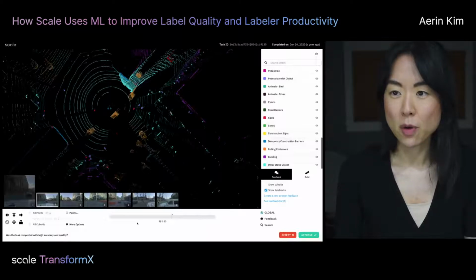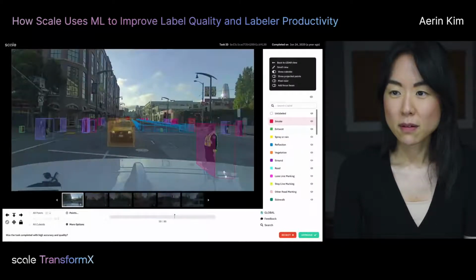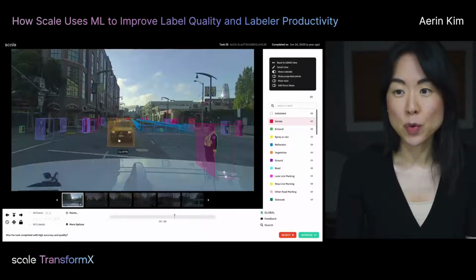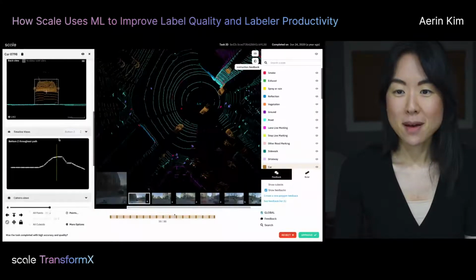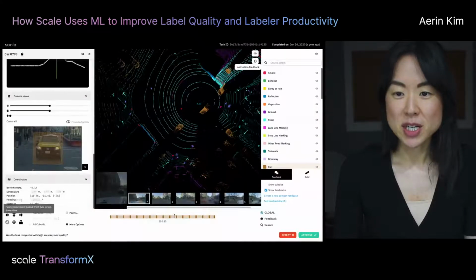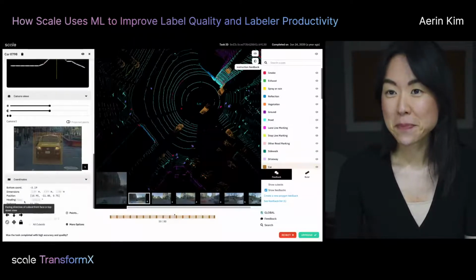Camera 0. If I click the car, it shows the overhead view, and back view, and dimensions, positions, heading, the yaw, or distance.